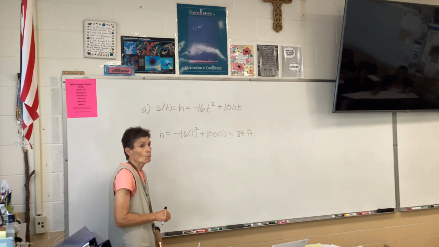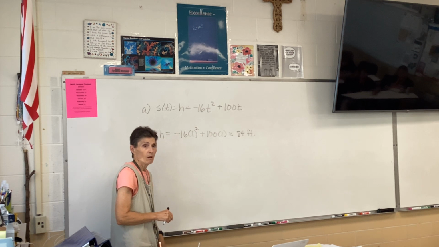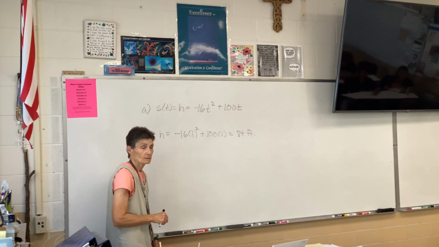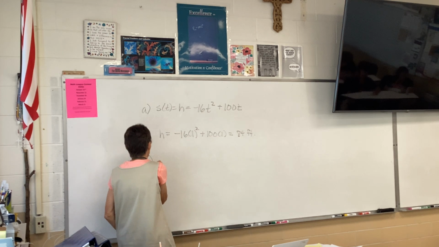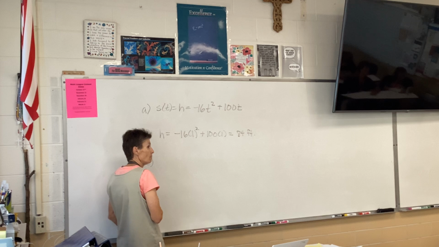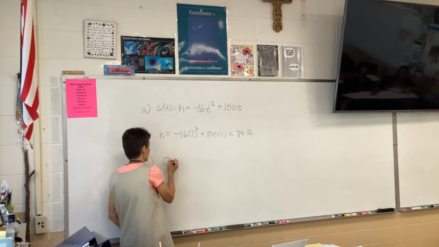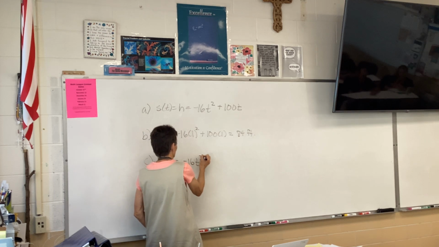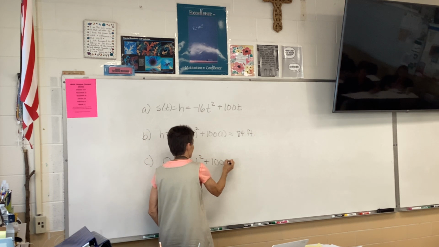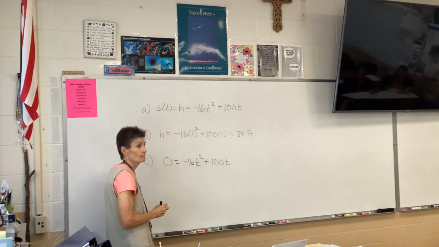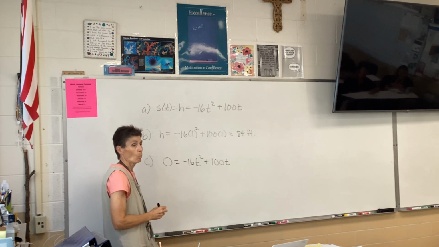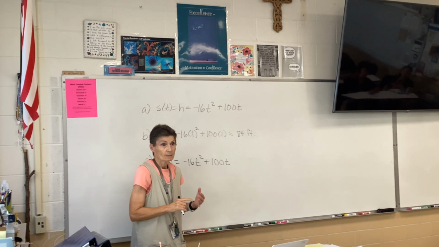Last one this morning. When does the ball hit the ground? I want to know when the ball hits the ground. Set it to 0. And then what are my options? I can graph it.